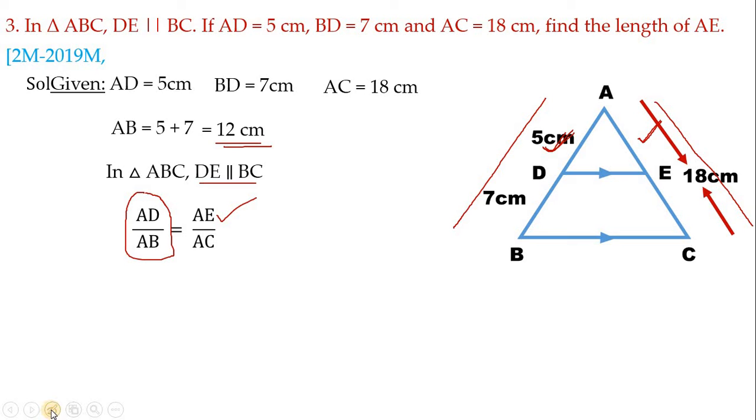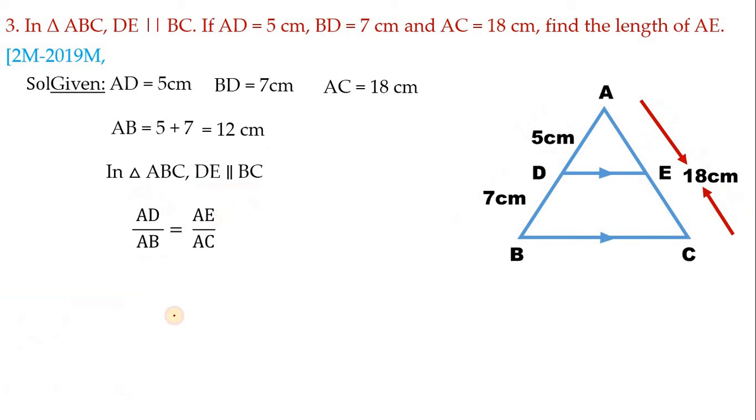So by using the corollary of BPT, we can write this. Actually, BPT means we will write AD by BD is equal to AE by EC. This is the fact of BPT. But the corollary of BPT says AD by AB and AE by AC. This we wanted to learn. So the reason is the corollary of BPT.